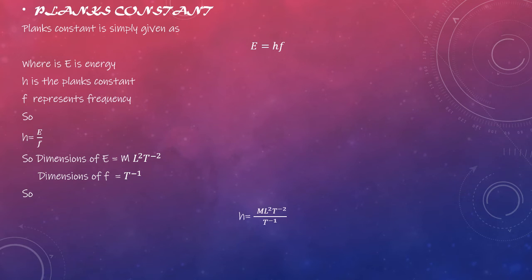If we divide this, the T to the minus 1 moves up, and from our laws of indices we are left with a dimension of ML squared T to the minus 1. Hence this is the dimension for Planck's constant. Please jot this down and try it as many times as you can, so it's going to stick in your head.